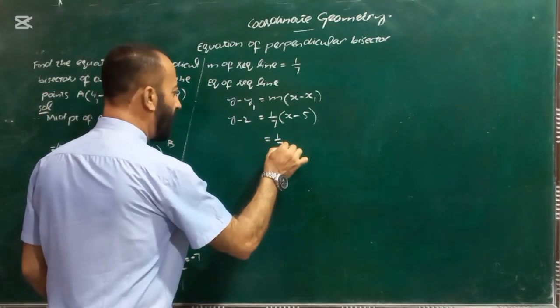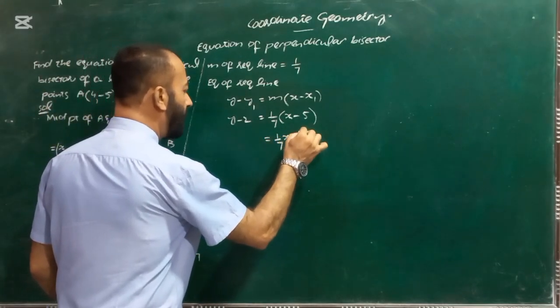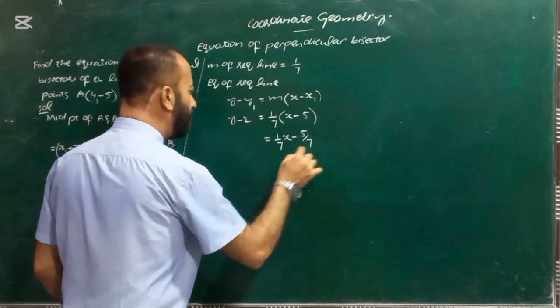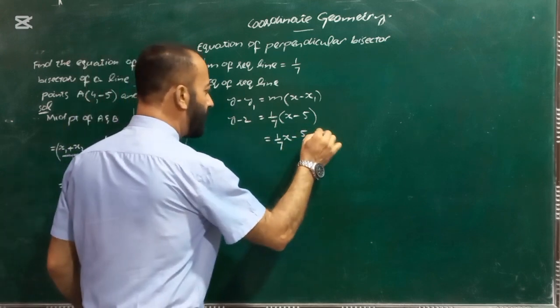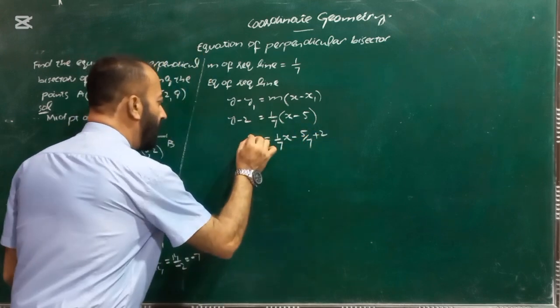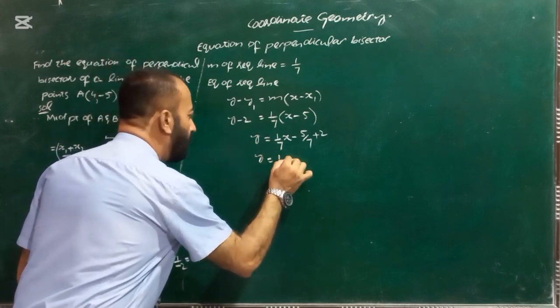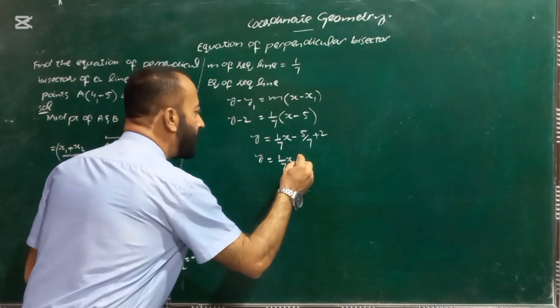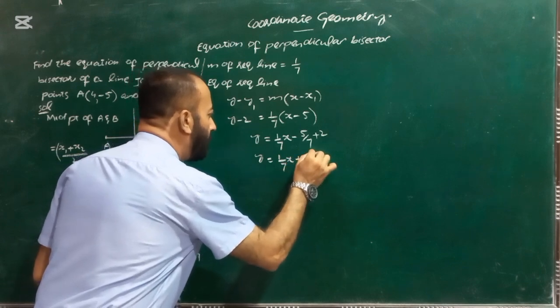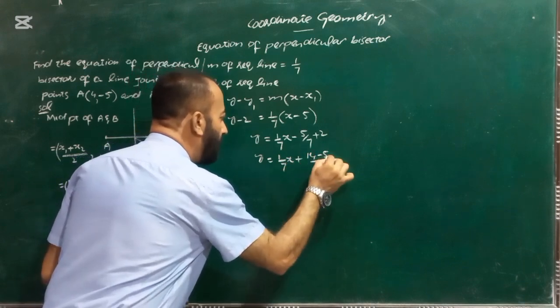So 1 by 7 x minus 5 by 7. This minus 2 will go to the right side, so plus 2. On the left side we have y now, and y will be equal to 1 by 7 x plus 14 minus 5 over 7.